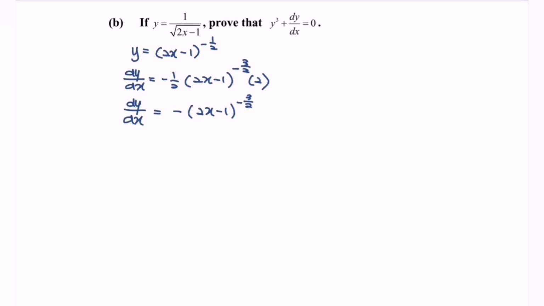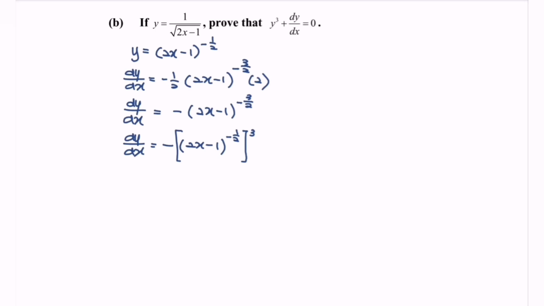So rewrite the equation. So dy/dx is equal to negative bracket 2x minus 1 to the power of negative 1 over 2 bracket where we have power 3.